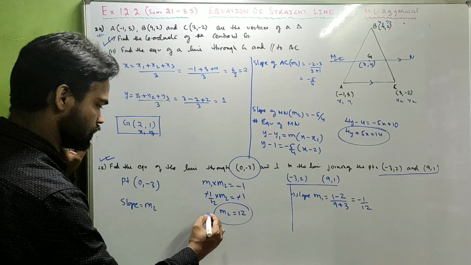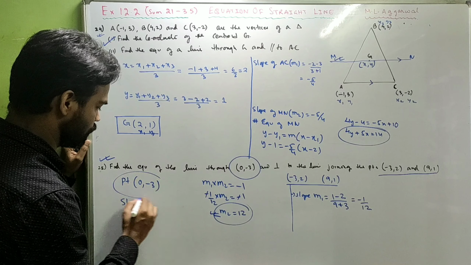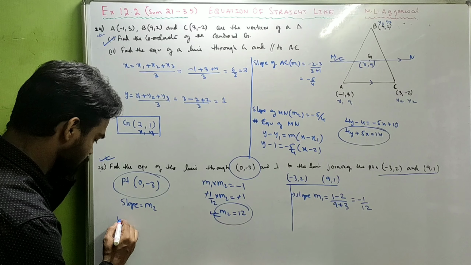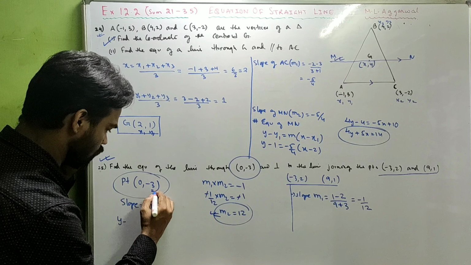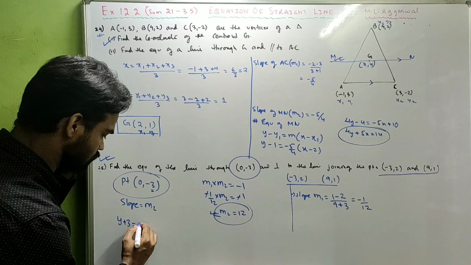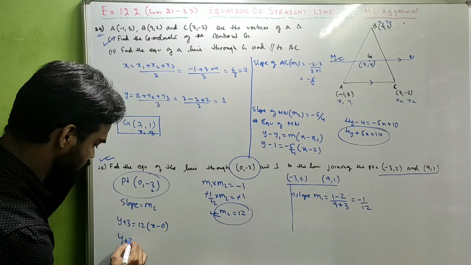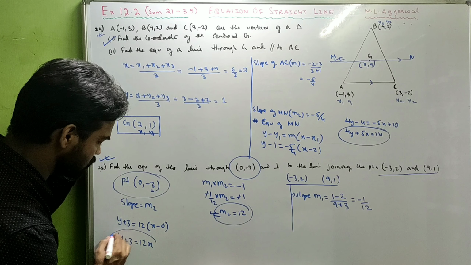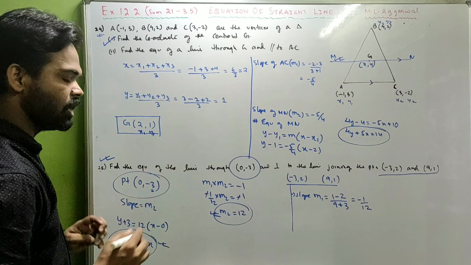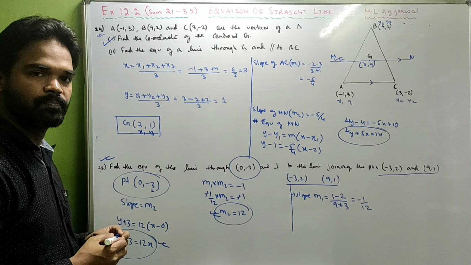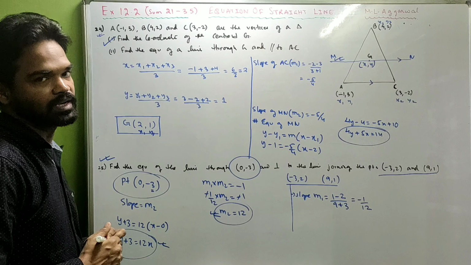Now we know the slope, we know a point, so the equation will be y minus y1 equals m times (x minus x1), that's y plus 3 equals 12x, and that's your equation. Clear? Now let us look at the next sum.